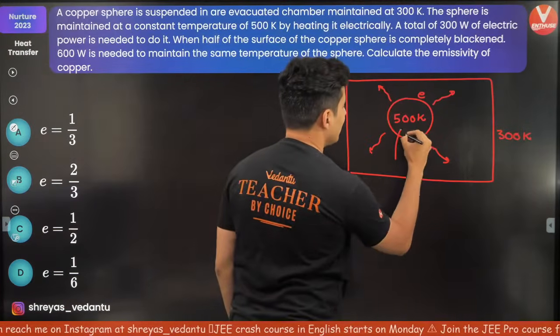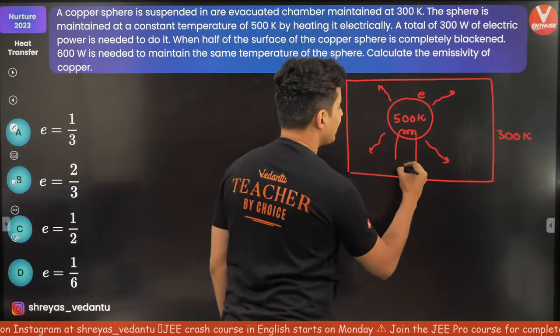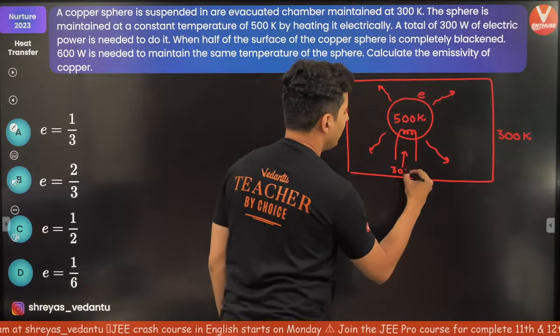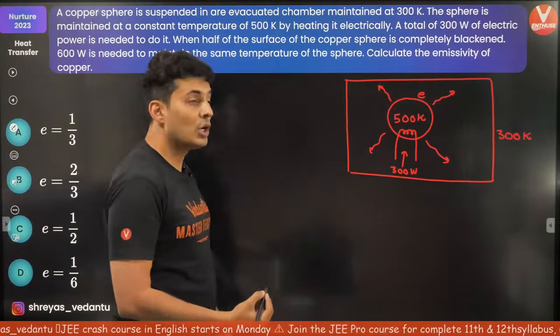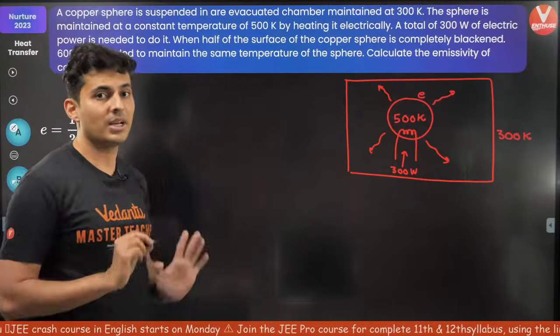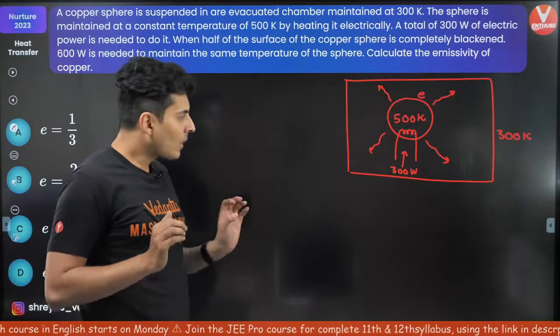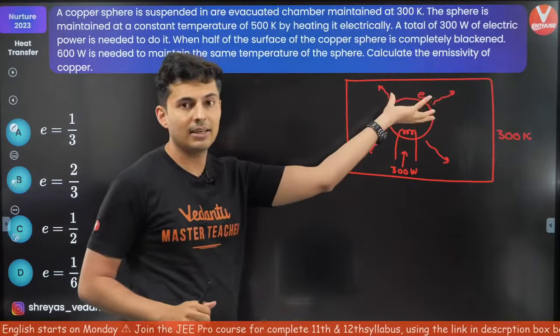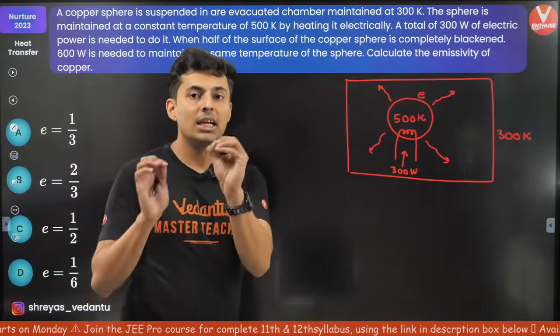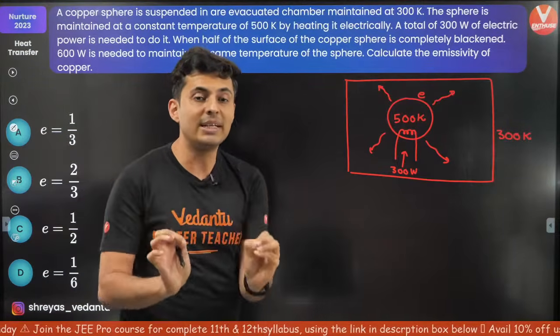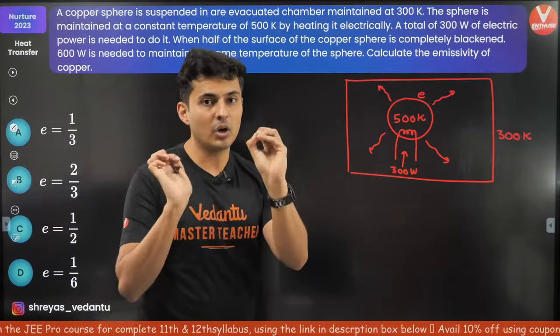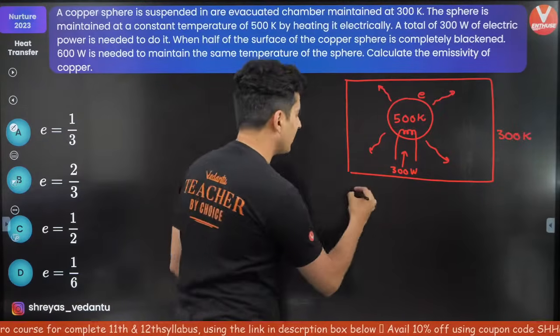So this heater is there, which is giving it 300 watts of energy to preserve that temperature. That means whatever energy the heater is giving, that's exactly the net amount of heat which is lost by the copper sphere. I'll repeat over here.